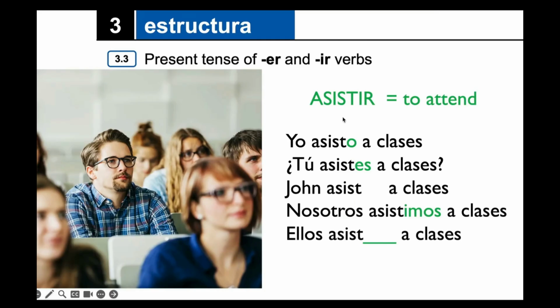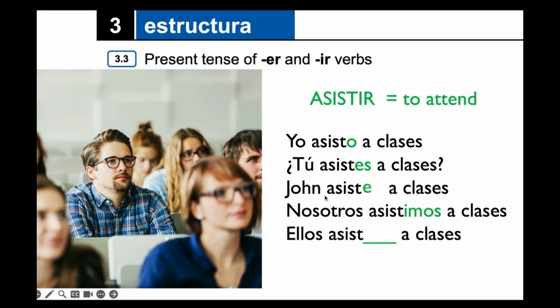Asistir. Asistir means to attend, as in attending classes. Conjugated for yo, asisto a clases. ¿Tú asistes a clases? Sí, yo asisto a clases. How about John? What's the ending for él?